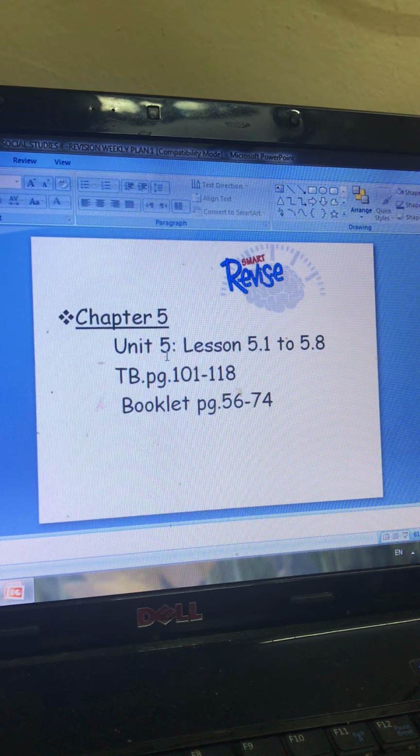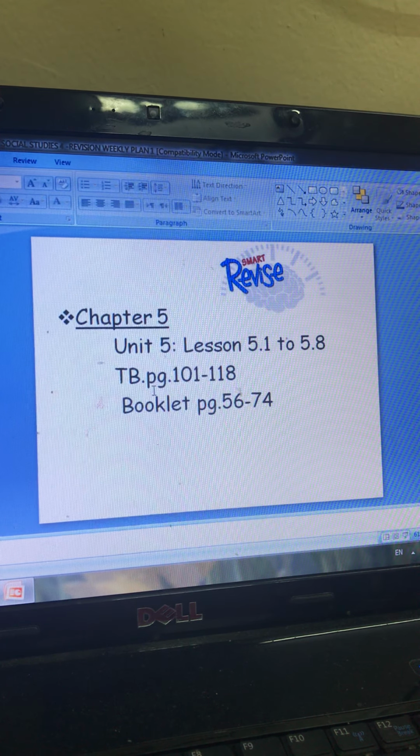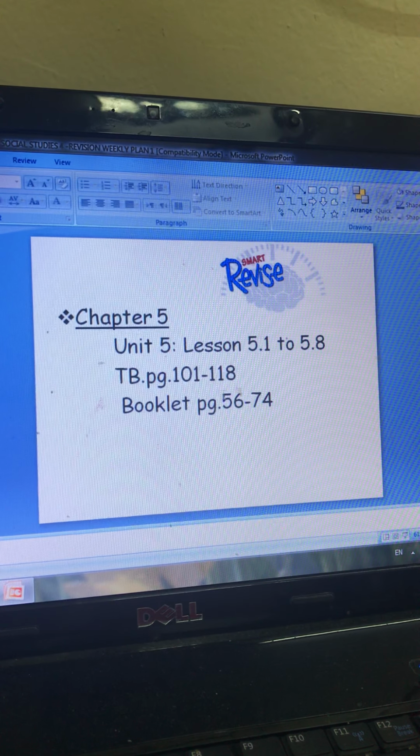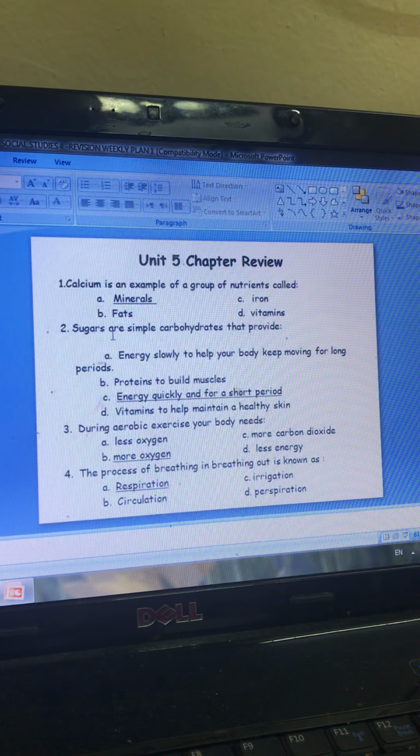Okay, next is revise chapter 5, unit 5, lesson 5.1 to 5.8, textbook pages 101 to 118, and also booklet pages 56 to 74. Okay, first, just do the activity in chapter 5. Calcium is an example of a group of nutrients called minerals.